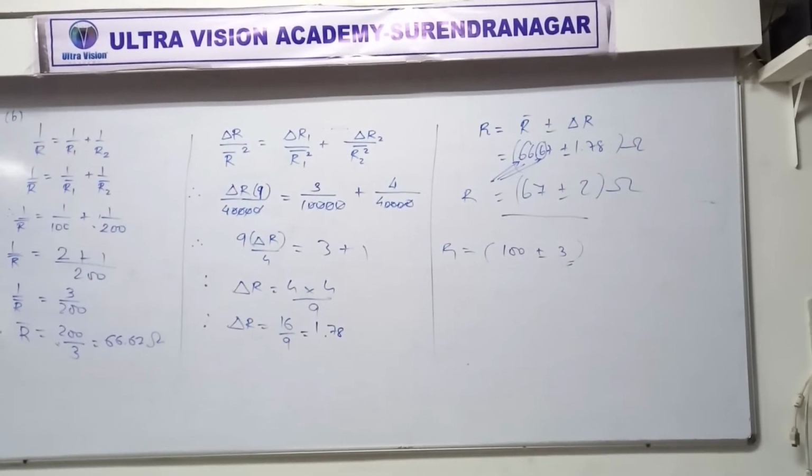Sir, D, 22.10 plus or minus 0.4. Why 0.4? Sir, because the errors are added. That is delta Z will be equal to delta A plus delta B. So one error is 0.2, the other error is also 0.2. So total error will be 0.4. Okay. Clear? Sit down.